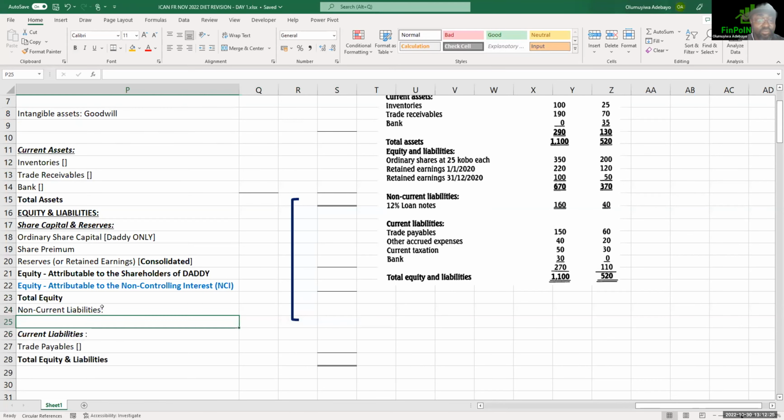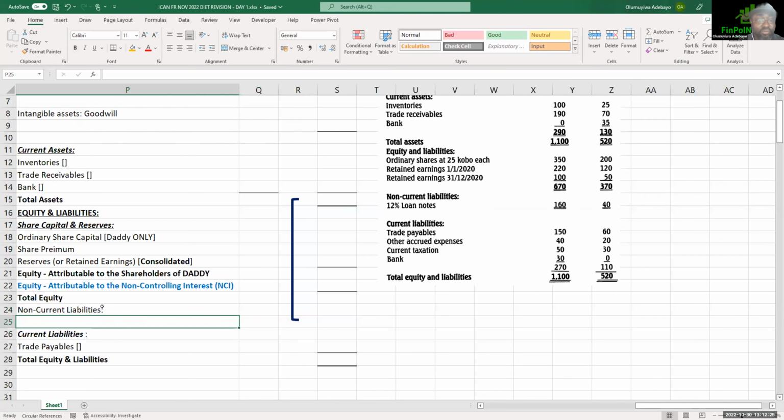Inventory, I have 100 and 25. Trade receivable, I have 190 and 70. Bank, I have 0 and 35. Share capital, we said only that of the parent, that is 350. Share premium before was 0 and 0.